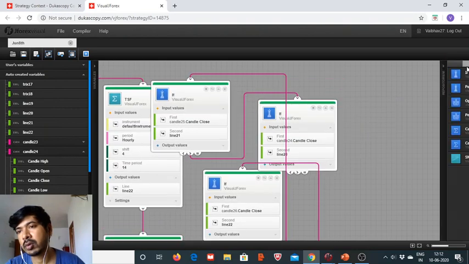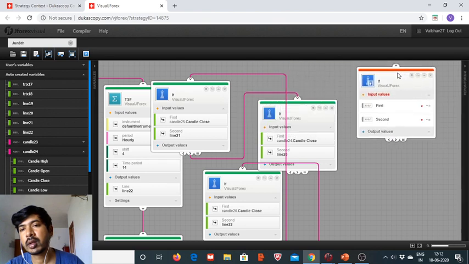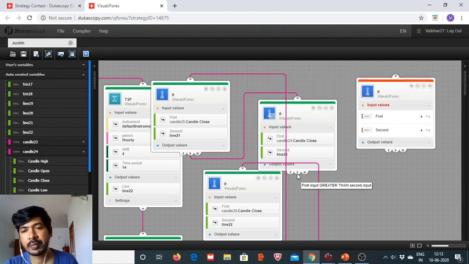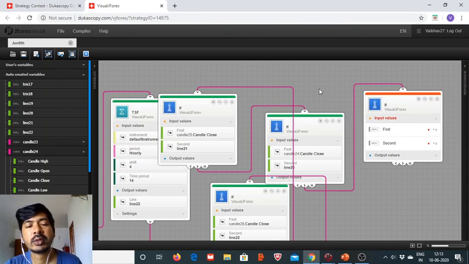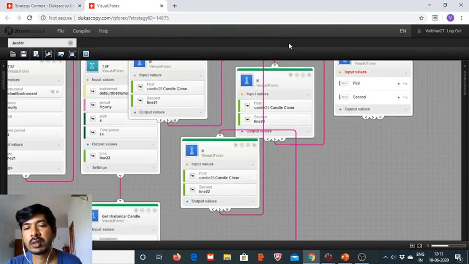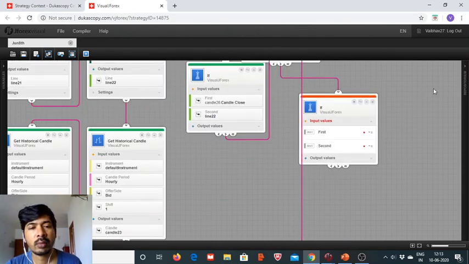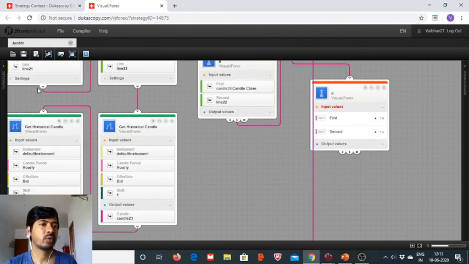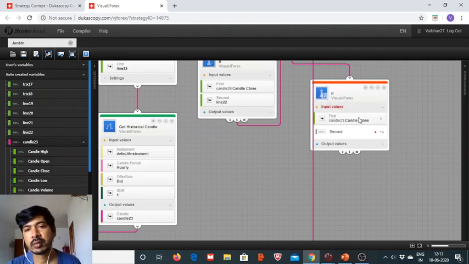Okay, then we need to take another if block and flip the condition, that is the last hour should have closed below the TSF, which means candle 23's close should be less than last hour's TSF.